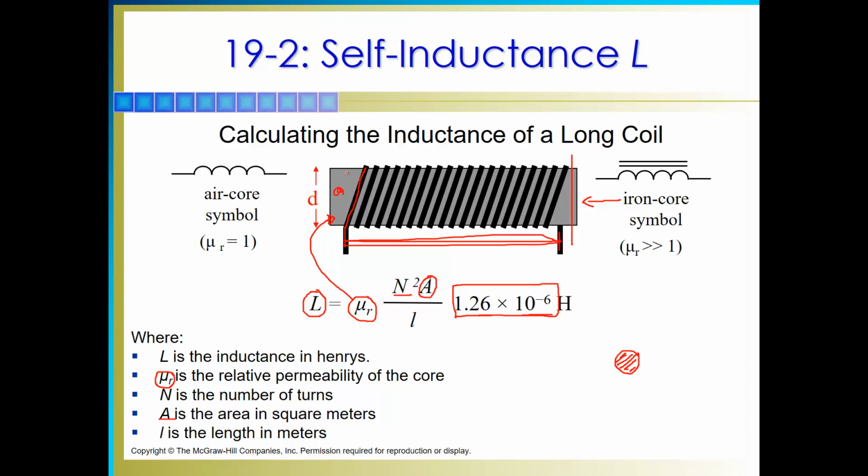There are no metals in here, it's just the wires turned around in rings like this. The air core permeability will be 1. The iron core, if this is a piece of iron in which the conductor is being wrapped around, then the permeability is much greater than 1, depending on the material. This permeability is usually given in a problem. If it's not given, at least everything else is given, so you can figure it out.